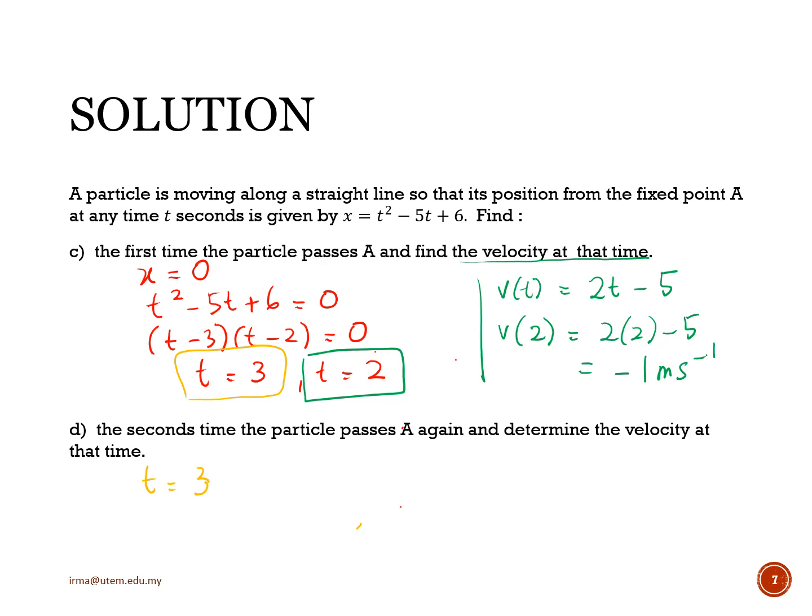The velocity at that time: v at t equal to 3 is 2 times 3 minus 5, which is equal to 6 minus 5, so we have 1 meter per second. So this is the solution for example 15.